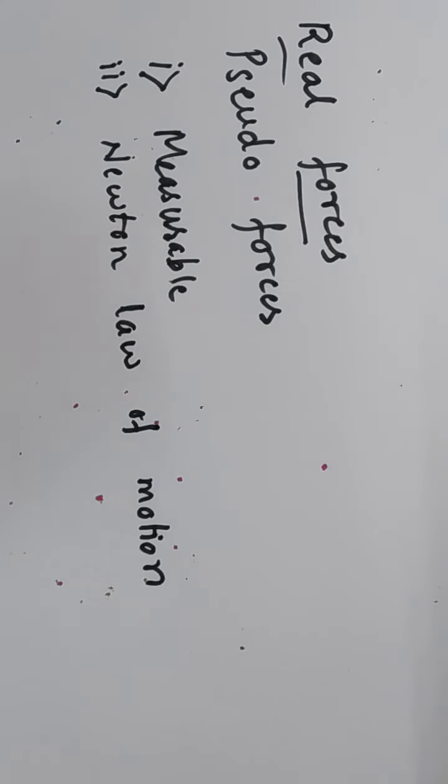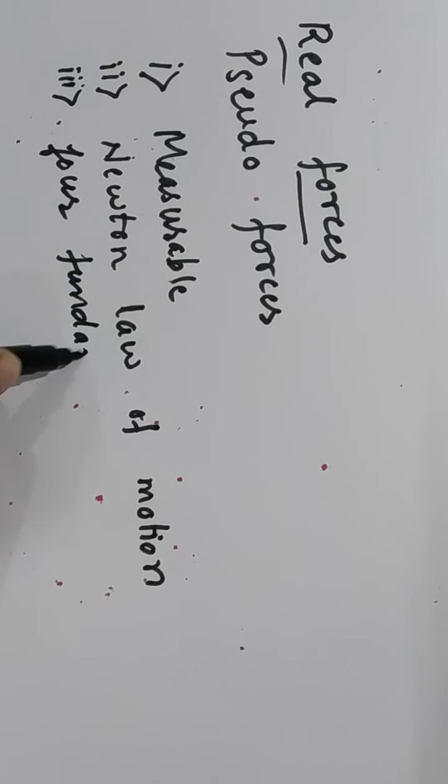And the third criterion is that the force should be among the four fundamental forces. What are the four fundamental forces? The four fundamental forces are gravitational force, electromagnetic force, strong nuclear force and weak nuclear force.